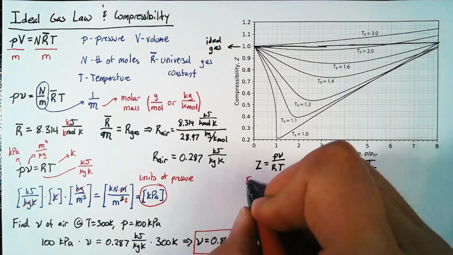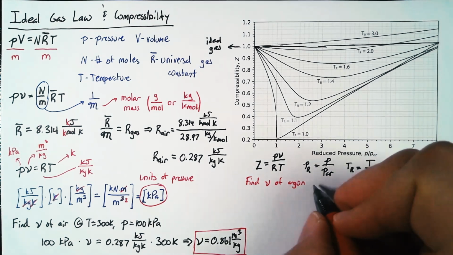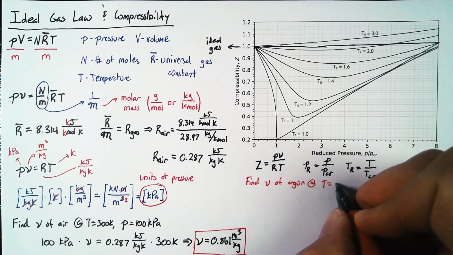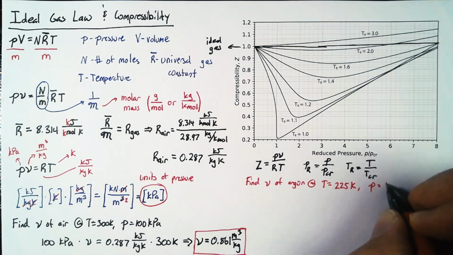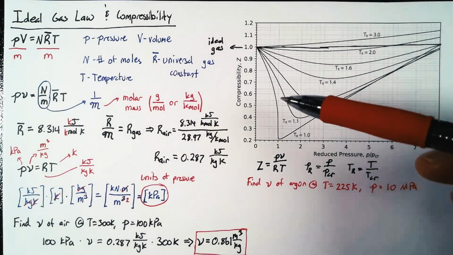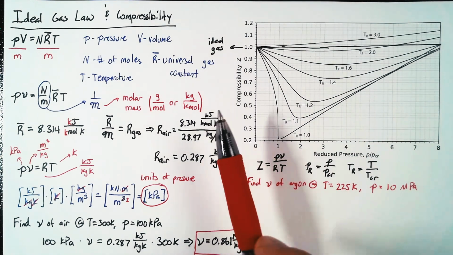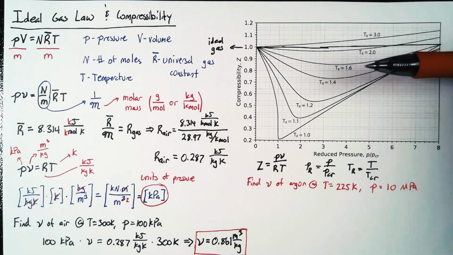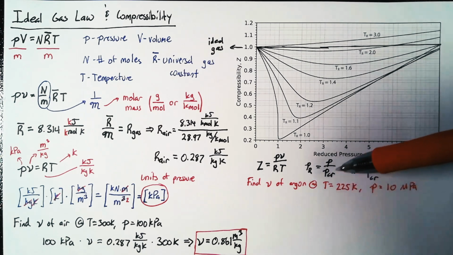Let's say that we want to find the specific volume of argon at a temperature of 225 Kelvin and a pressure of 10 megapascals. Gases tend to behave as an ideal gas at low pressures and relatively high temperatures. We're looking at a very high pressure and a relatively low temperature.